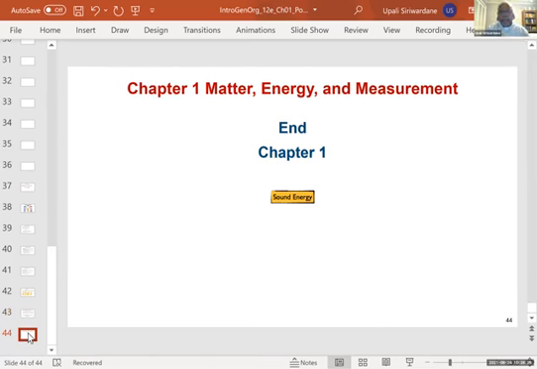So we have finished the material that we need to cover in chapter 1. We covered classification of matter, measurement, and energy. Do you have any questions from these slides we went over today?